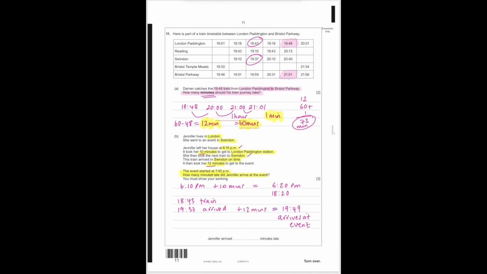The event started at 7:45 p.m. So 7:45 p.m. is 19:45. So we want the difference here now, guys, between 19:49 and 19:45. Well, the hour is the same. It's just the minutes that have changed. So to get from 45 minutes past to 49 minutes past, that's a difference of 4 minutes. So she arrived 4 minutes late.